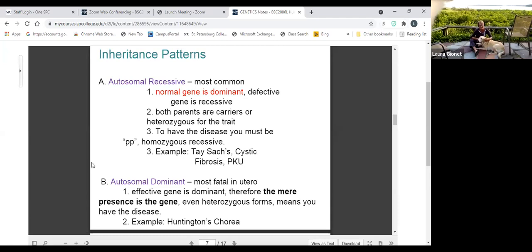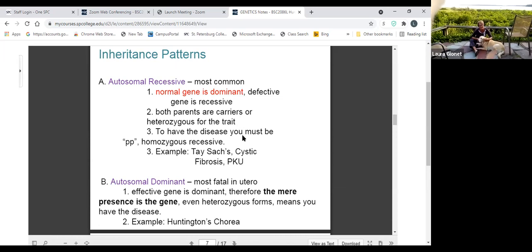So out of those Mendelian genetic patterns, we have what's called the autosomal recessive pattern, which is the most common. And the normal gene, when present, is going to dominate over anything that's defective. So both parents are carriers, or heterozygous for the trait.